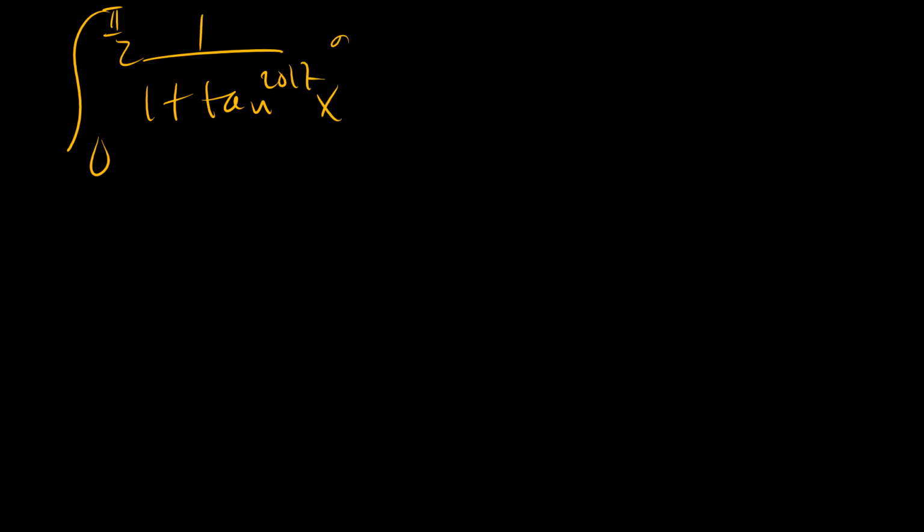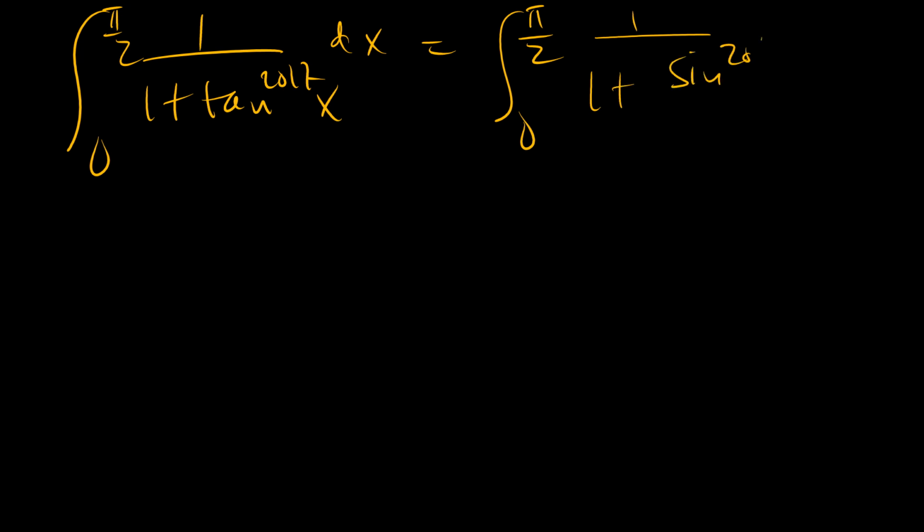So, 0 to pi over 2 of 1 over 1 plus the tangent of 2017 x. This is the same as the integral from x equals 0 to x equals pi over 2 of 1 over 1 plus sine to the power 2017 of x over cosine 2017 of x, right?